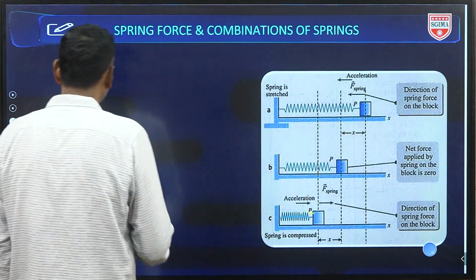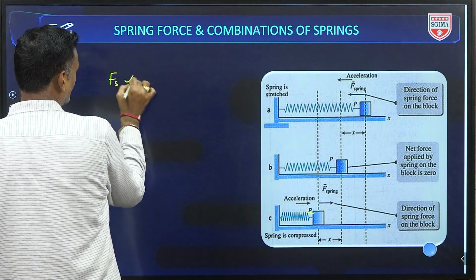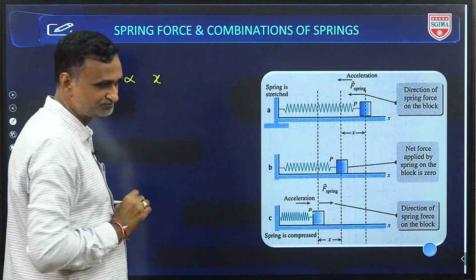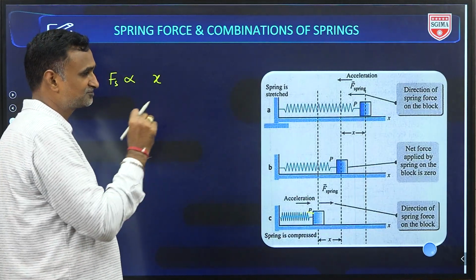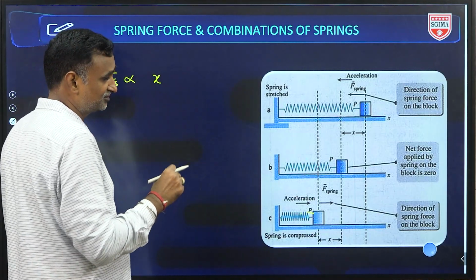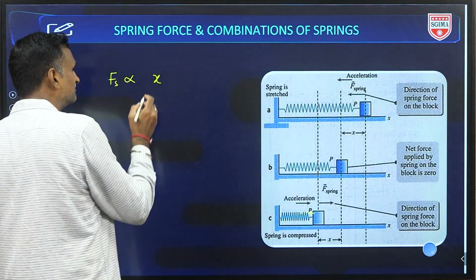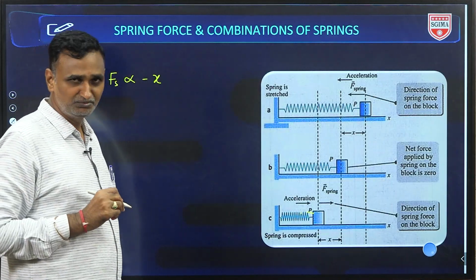That is, the restoring force, meaning the spring force, is directly proportional to the length of deformation of the spring. It is either stretching or compressing, meaning the length of the spring is increasing or decreasing, not cutting, just stretching and compressing. And the direction is opposite, so we use the symbol minus.